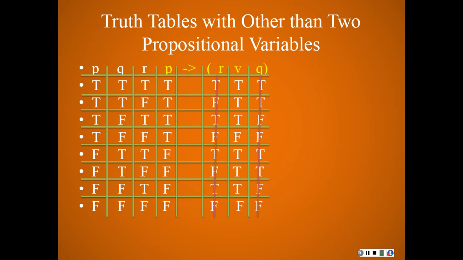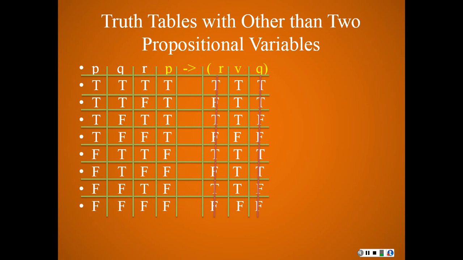Okay, so now I have the truth values for my disjunction. I'll go ahead and cross out these other columns because they're no longer relevant. And I'll focus on evaluating the truth values for this whole conditional. This is a material conditional. It is false in only one kind of case, namely when it has a true antecedent and a false consequent.